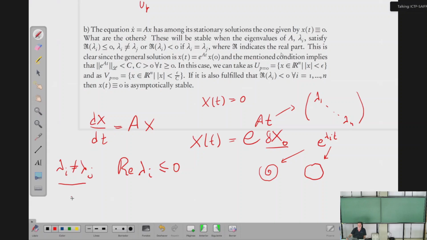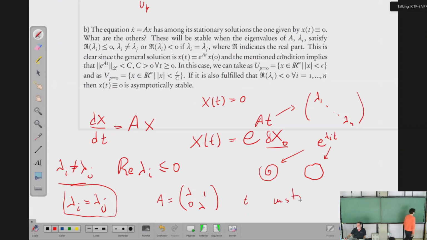If there are eigenvalues that are equal, then we can have this Jordan block, remember? So, for instance, the matrix can have the form lambda 0, 1 lambda, and in this case, we have a solution that grows with t, so this is unstable also. Right? So we know all these things.